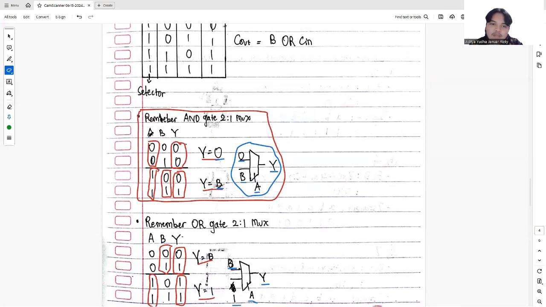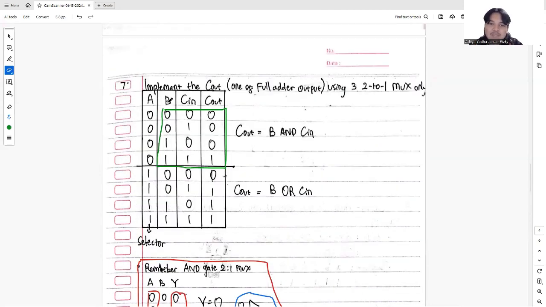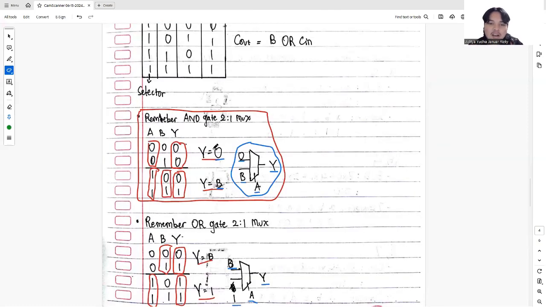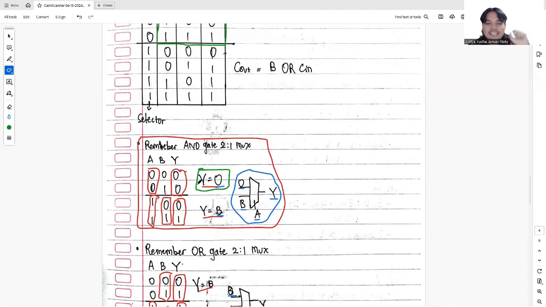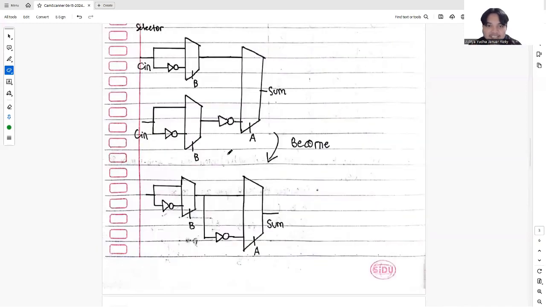In this material, I'm using A and B as my inputs and Y as my output. But in this case, I'm using B and C in as my inputs and C out as my output. If we change all the context, B equals 0 means C out equals C in.